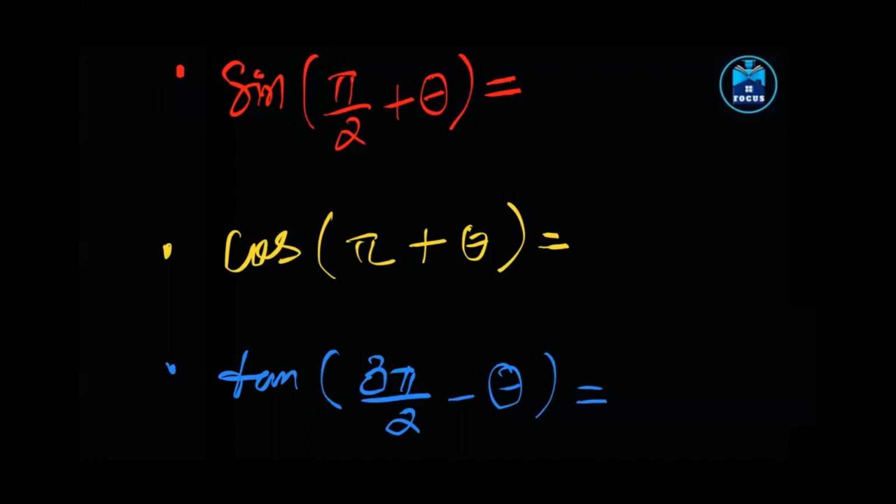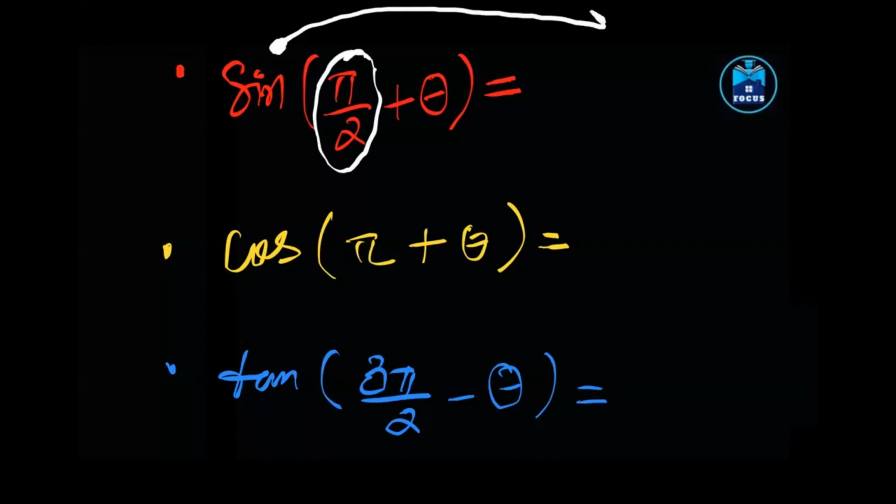All right, how we need to start with this question is, first you come to the first question, and then you identify which type of question this is. Is this a change question or a no change question? The first question is a change question because pi by 2 is present there, which means you simply take this sine and change it to its respective change that we have just seen, which is cos in this case.